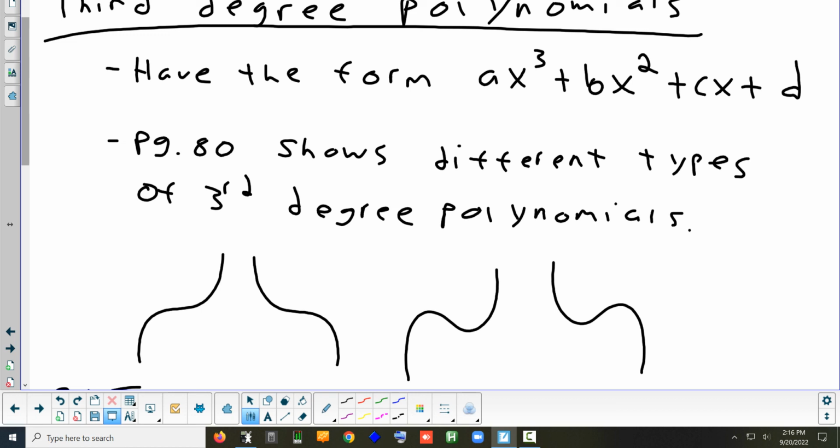They look like one of those four. I mean, the turn can be a little bit more gradual, but that and that are basically the same type. Any questions on the four different types?